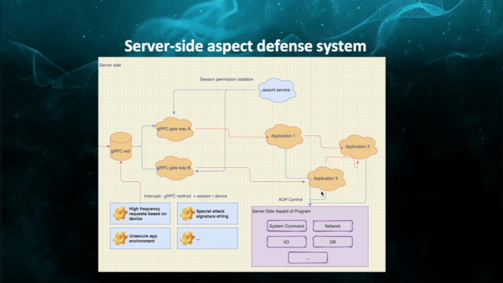Next is the AOS defense system. AOS, aspect of security, is a security defense system proposed by the security department of our group based on aspect-oriented thinking. It achieves the decoupling of security and business logic and realizes the integration of security into business logic for comprehensive security protection.